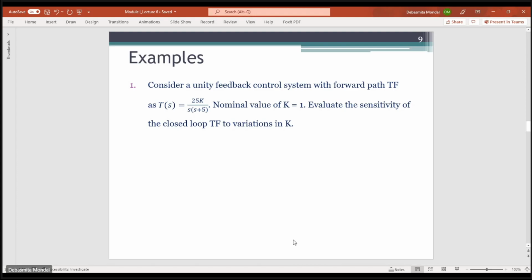Can you draw the closed loop system now? Did I draw it correctly?